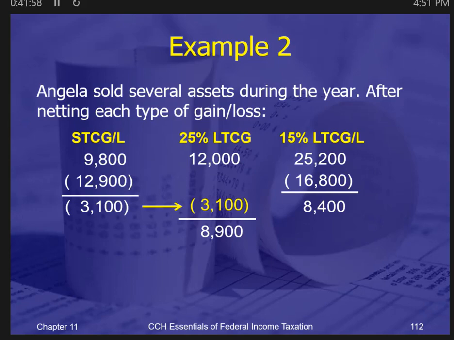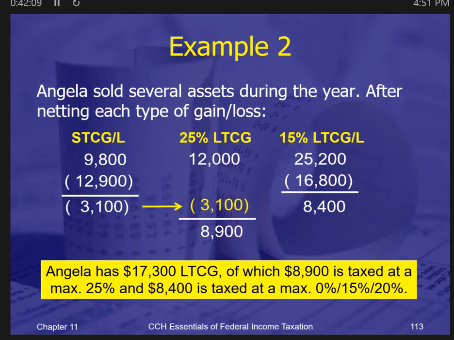And then a second example where we go the other way. We first apply the 25% losses. We get down to 8,900, and then we have a gain in both these columns, and we're done with 8,900 at 25% rate and 8,400 at the capital gains rates. So that's how those all net together and play out for our capital gains. So that will finish chapter 11.